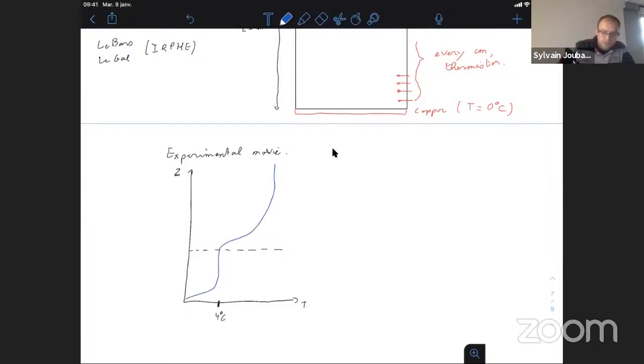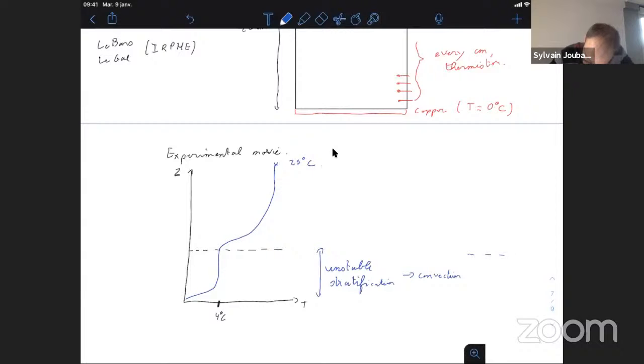And here you have a system which is going to 25 degrees C. And here you have unstable stratification, which leads to convection.